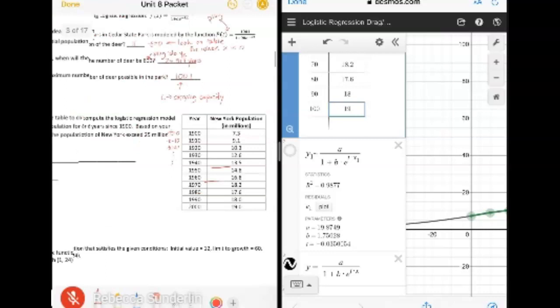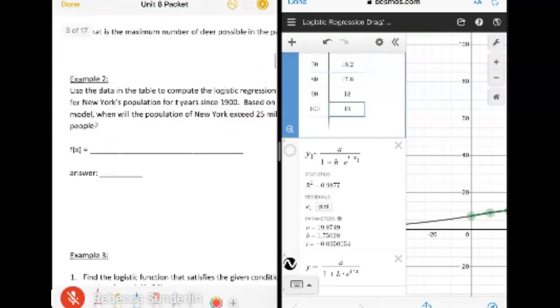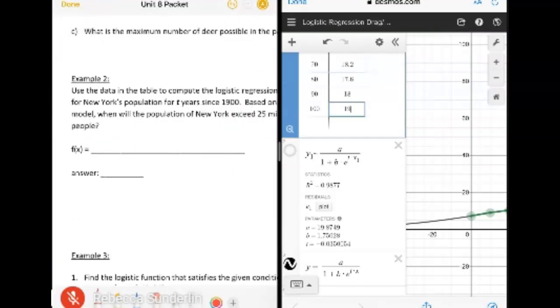If we were using Desmos, we have already found our equation. f of x equals, now our A value is 19.8749.